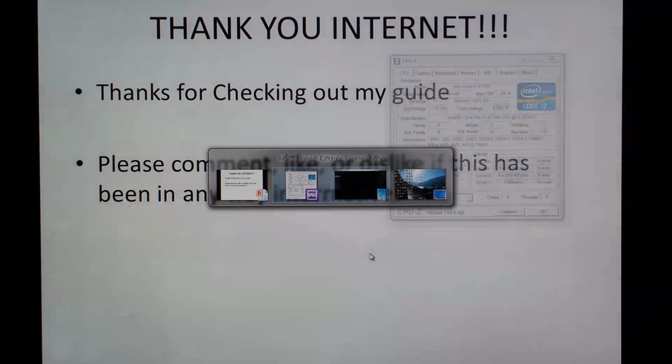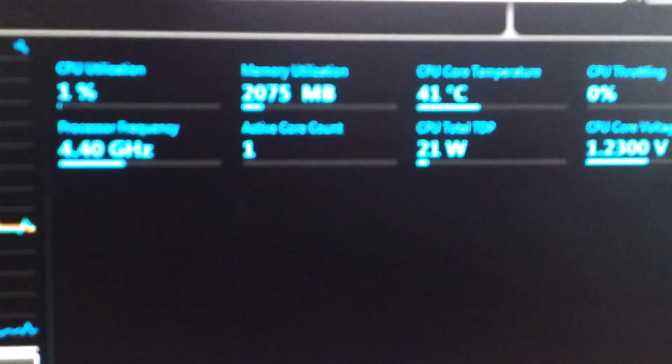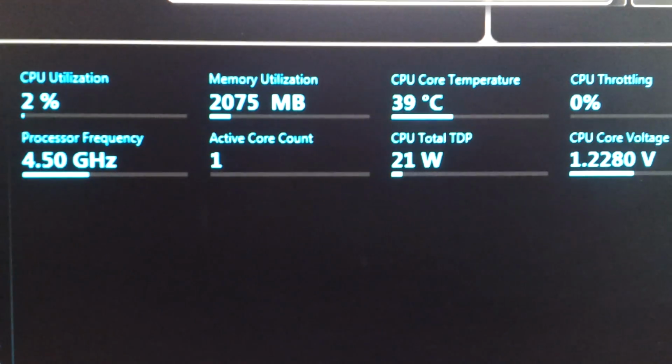So the first thing I'm going to show you guys here is, so far in the guide, we have not enabled any of the C states, and you can clearly see that we're basically at our 4.4 gigahertz. The Intel Extreme Tuning Utility is reporting 4.5, but I assure you we're at 4.4 gigahertz.